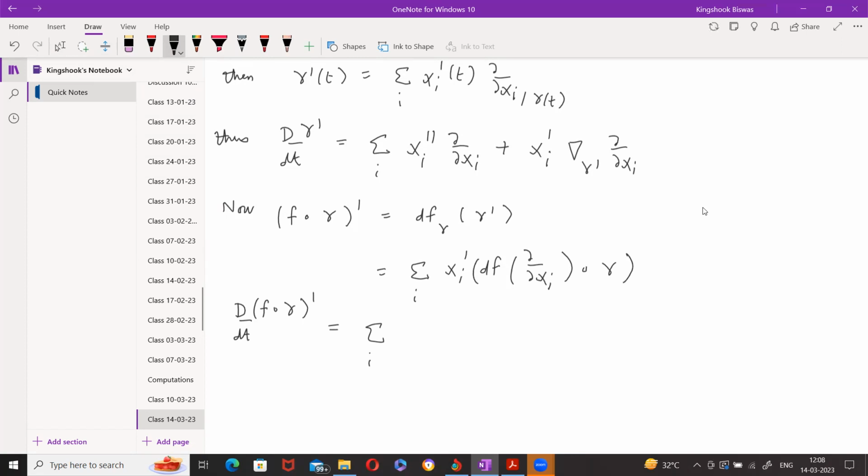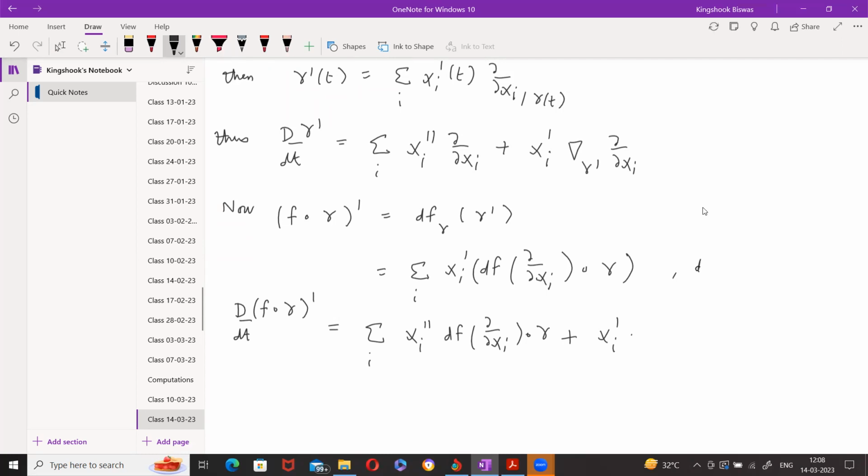Yes. So now when I take the covariant derivative of (F composed with gamma) prime, I'll get one term which is the sum over i of xi double prime df of del del xi composed with gamma, plus, now what do I have? I'll get xi prime into, so here I have a section of the pullback bundle.